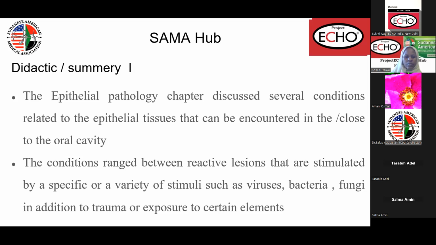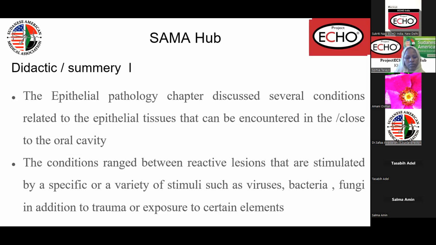So the epithelial pathology chapter discussed several conditions related to the epithelial tissue that can be encountered in the oral cavity or in its close vicinity. The conditions ranged between reactive lesions that are stimulated by specific or a variety of stimuli, such as viruses, bacteria, fungi, in addition to trauma or exposure to certain elements in the environment.